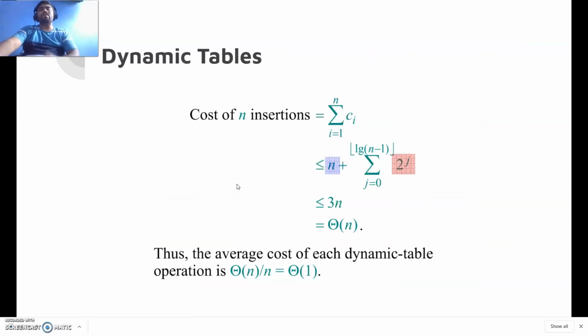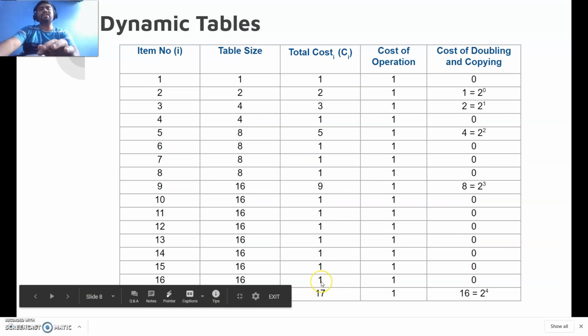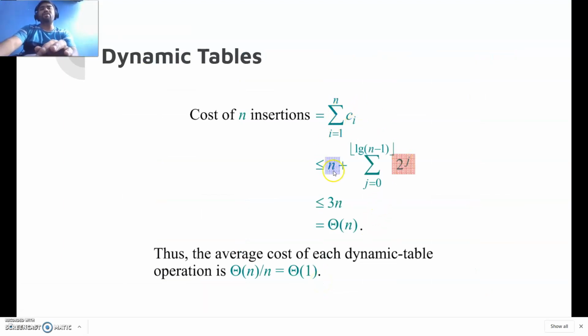So let's go to that part. If I have to check the cost of n insertions, I'll be just adding this total cost, right? I'll be adding this entire thing. Now, when I'm adding this entire thing, it is the cost of operation plus the cost of doubling. Now, the cost of doubling, how many times do we do it? You need to figure that out. You can see that it's a geometric progression.